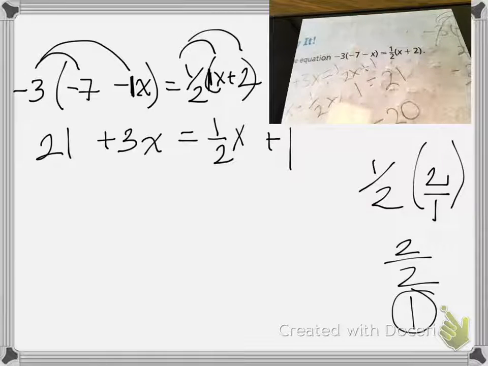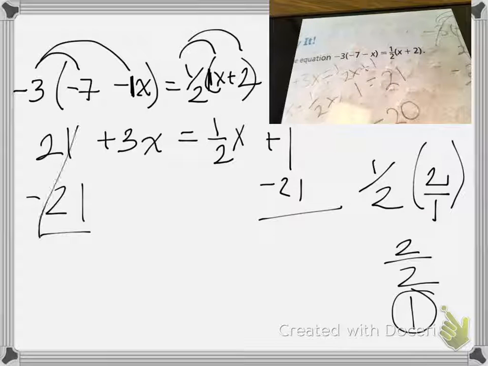And then now we're going to combine like terms. Right here, it's going to be a bit tricky because we still have the fraction. But what we're going to do first, to make things easier for us, is combine the whole numbers. So remember, like I said, move the variables on this side and the numbers on this side. So I'm going to move the 21 first, right? Because these are easier.